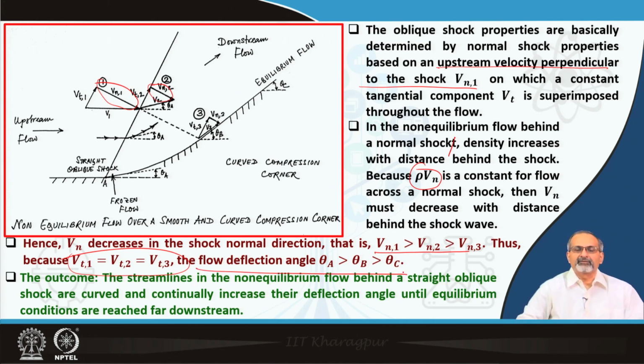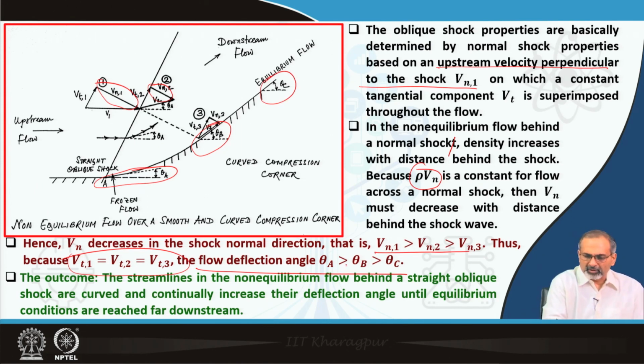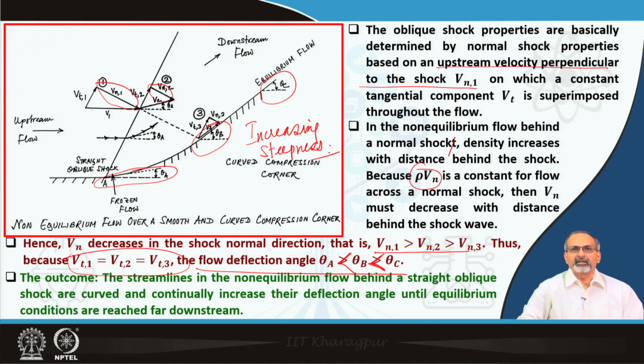The consequence is that the flow deflection angle theta A that you find right at the initiation of this compression corner is greater than the theta B that you find some distance downstream, or rather this should be the other way around, that theta A is smaller than theta B is smaller than theta C. It is by mistake put the other way around. So, what we are basically seeing is that there is increasing steepness of the compression corner that we see over here.